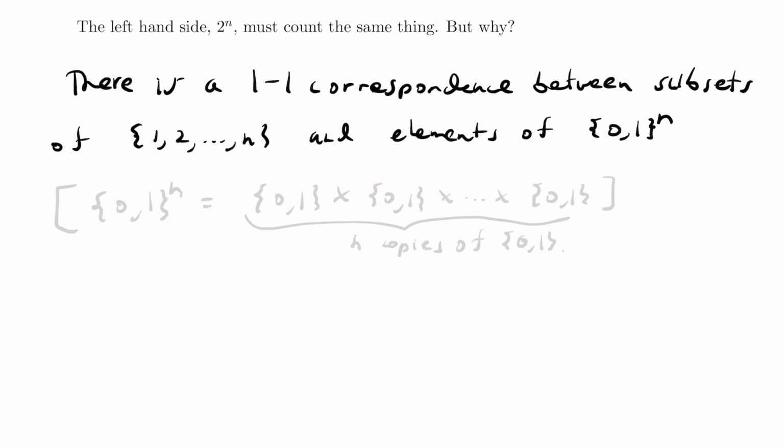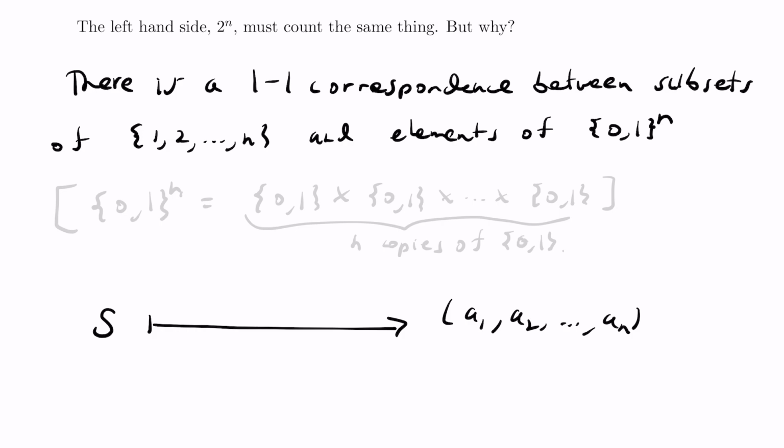This correspondence sends a subset S to a particular element in this n-fold Cartesian product, where A sub i records whether or not i is actually in the set S. So A sub i equals 1 if i is in S, and is 0 if i is not in S.